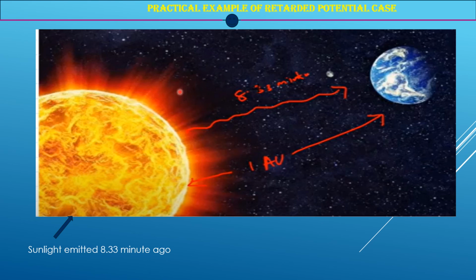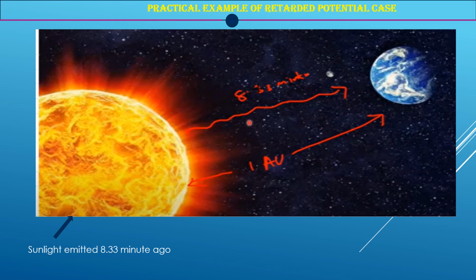There is also the practical case of many stars. You see their light, but they are many astronomical units away from us, so you don't know from when the light was emitted.